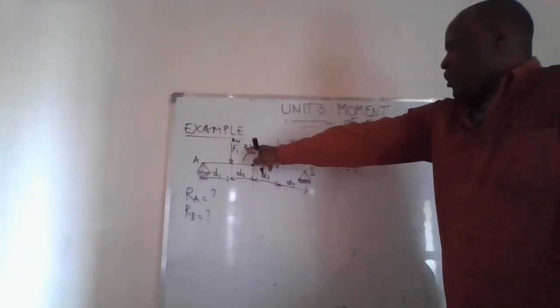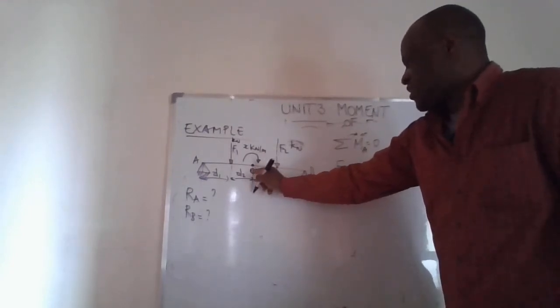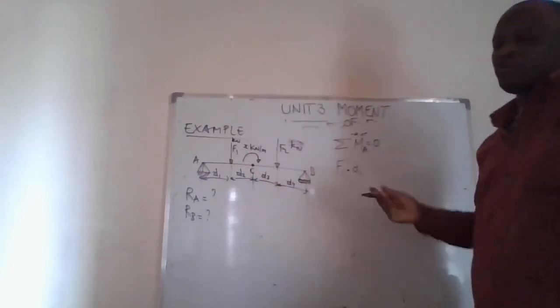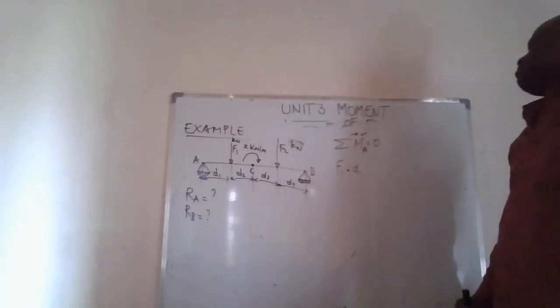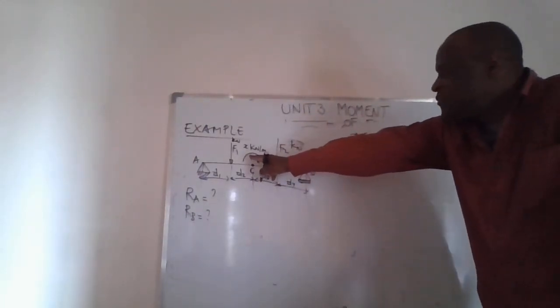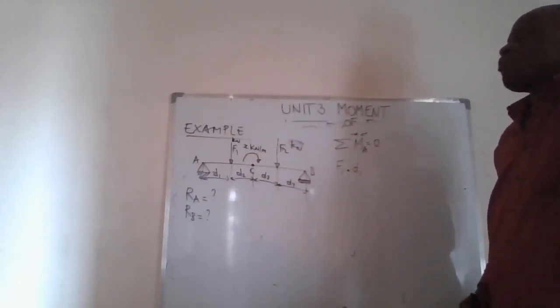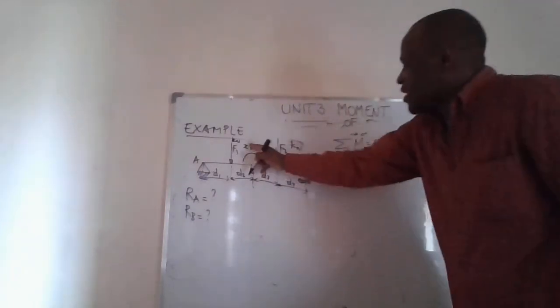After F1, we have an applied moment at point C. Let's call that point C. This moment is already defined as a clockwise moment, as you can see.